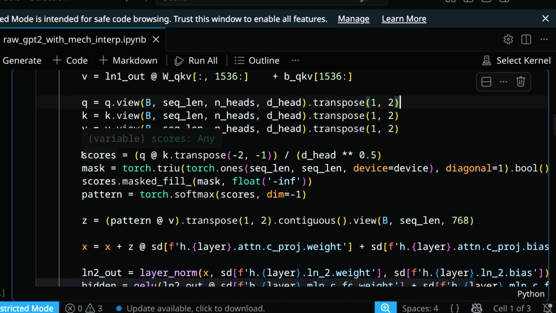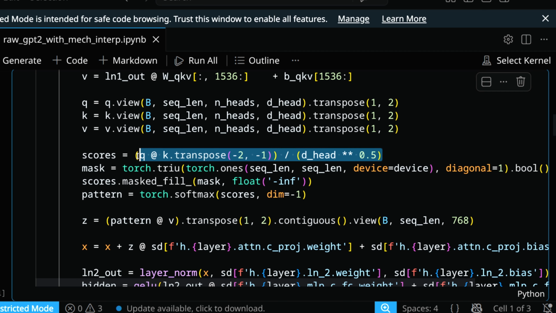So if you look at the Attention Is All You Need paper, you would see an equation similar to this in there, and that's part of the main equation for the transformer's attention layer.